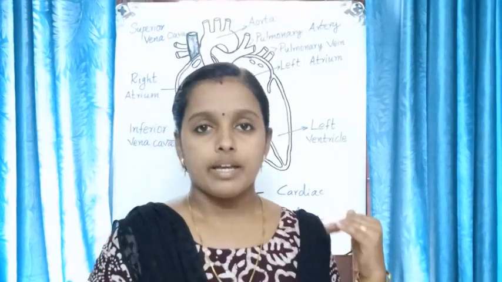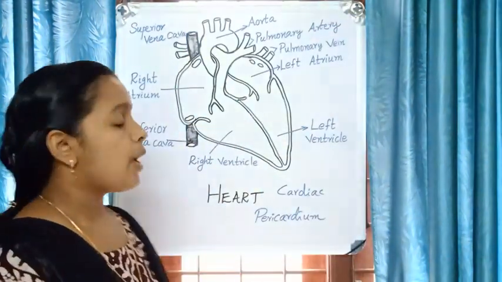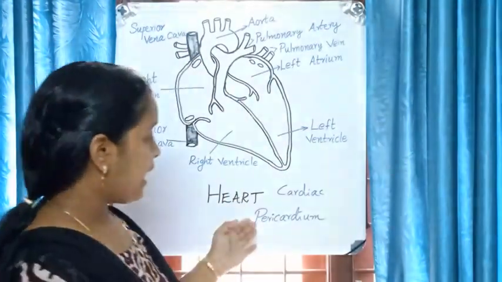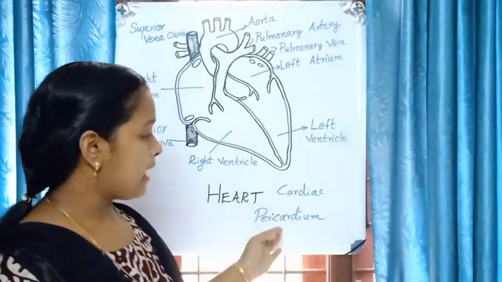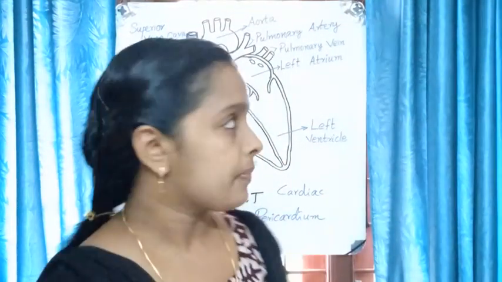Can you name the protective covering of our lungs? Yes, that is pleura. Here, the heart is protected by a membrane known as pericardium. It is double layered. Okay, so this pericardium is the membrane that protects our heart.